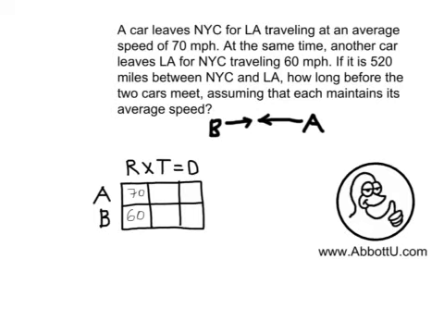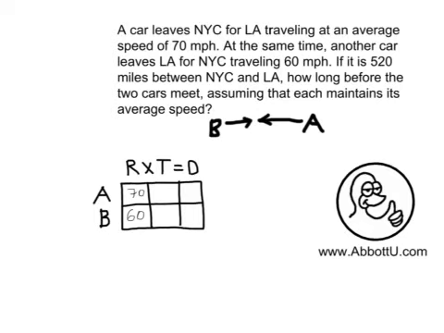So the time traveled by both of these cars is the same, if you think about it. Car A was driving, and car B left at the same time, and then they eventually meet, hopefully not a head-on collision, maybe they just pass each other. In that moment, they will have both traveled for the same amount of time, because they both left their corresponding city at the same time.